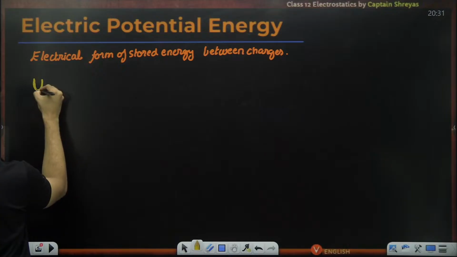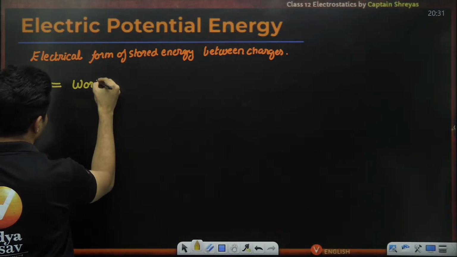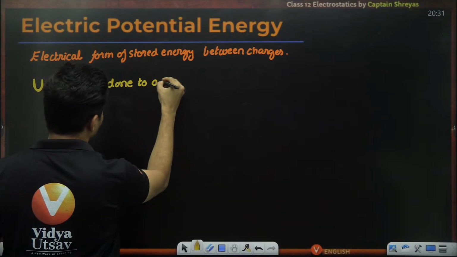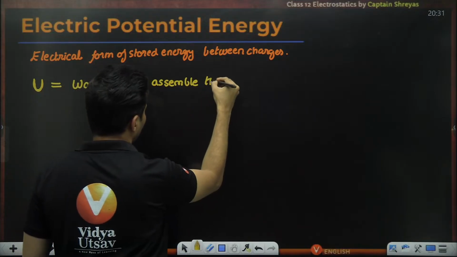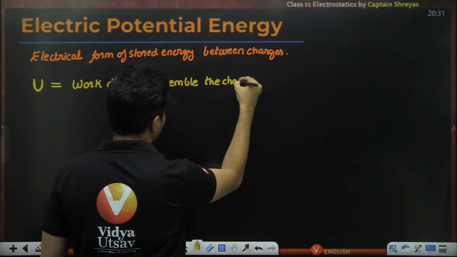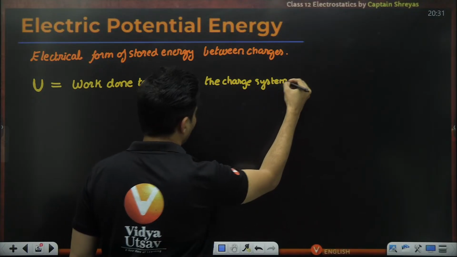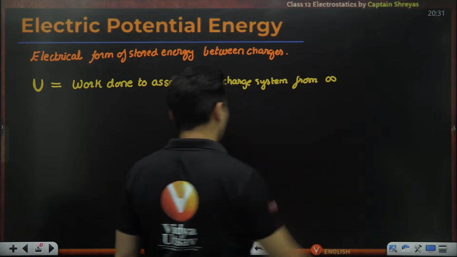The electrical potential energy U is nothing but the work done to assemble the charge system from infinity.